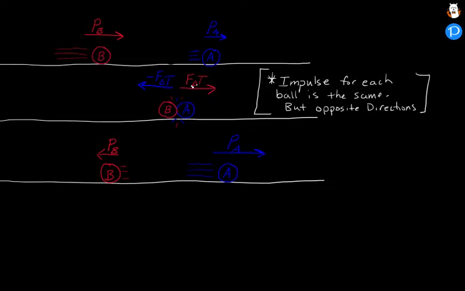Now here's the thing, since each of these balls feels the same amount of impulse, the momentum in this system, so if we say that the system is just ball A and ball B and that's it, we're not looking at anything else, that's our system.